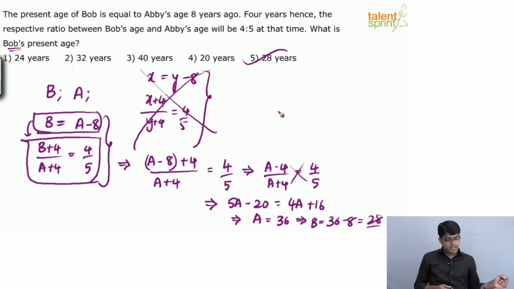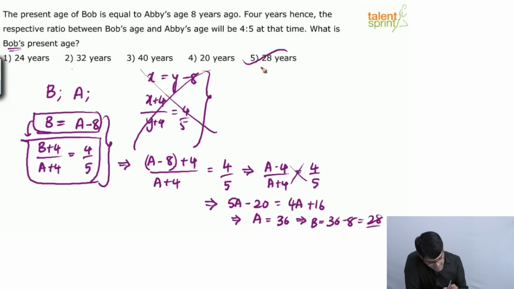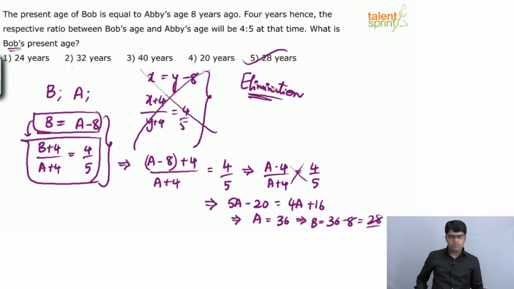Well, yes, it can be done in a different way also. How do we do that? What I'm going to discuss is called an elimination method, or it's like using the options. You just go by the options. Understand, the questions that we get in exam have multiple options.